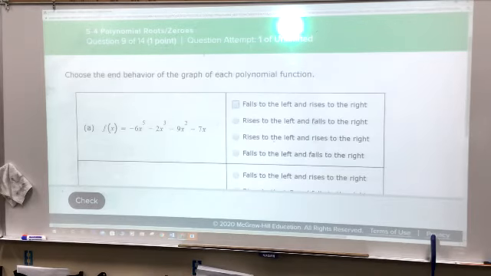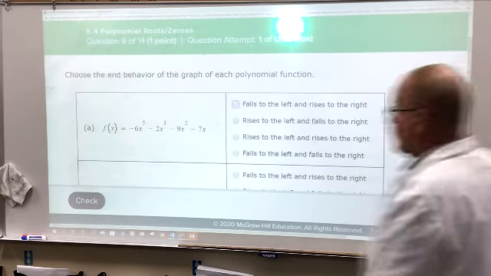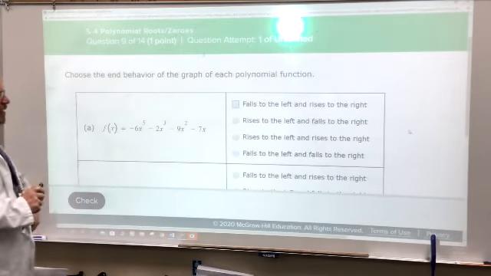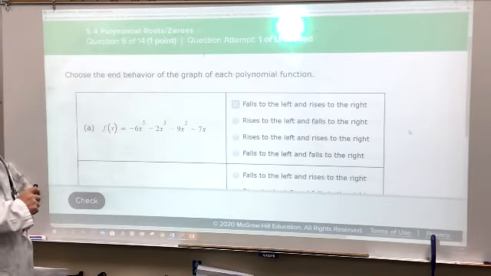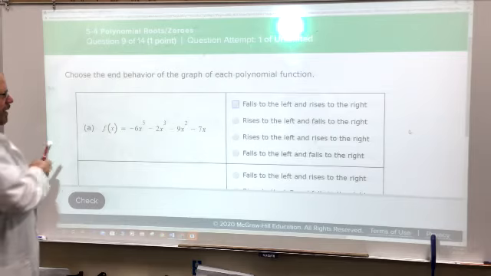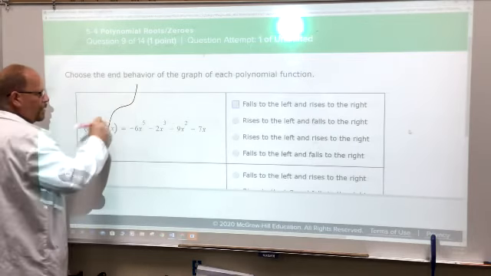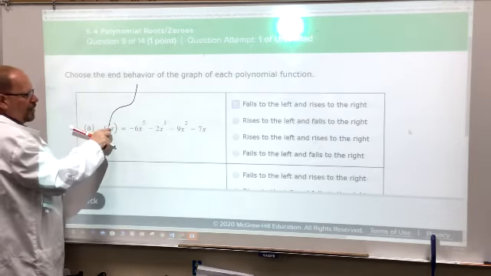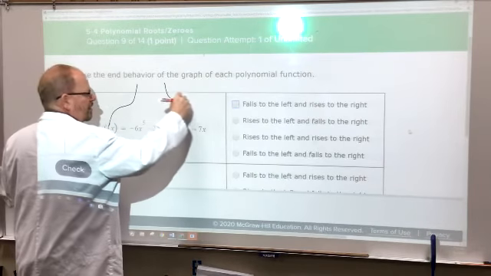Okay, so since this is a negative, that's flipped it over the x-axis. Okay? So it's something like x to the third, but now it's flipped. So it's like this.